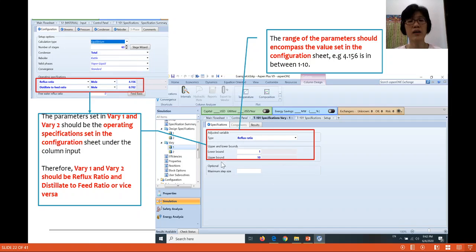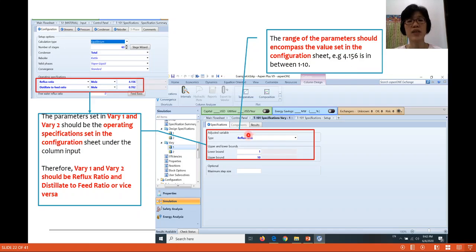We have the vary 1 reflux ratio. And the range that we ask the system to vary is from 1 to 10. Okay? And this range should encompass the value that we have put into the configuration page. So the one here is 4.156, okay, the reflux ratio here.